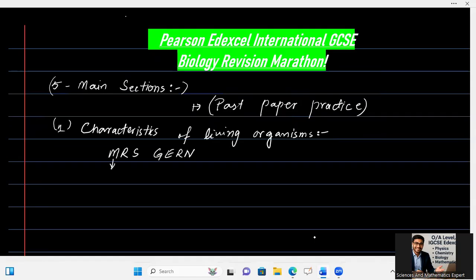M is for movement, R is for respiration, S is for sensitivity, G for growth, E for excretion, R for reproduction, N for nutrition. These are all the characteristics of living organisms.